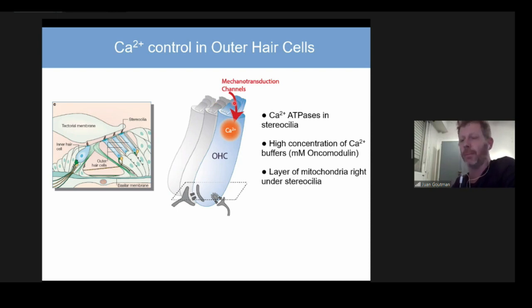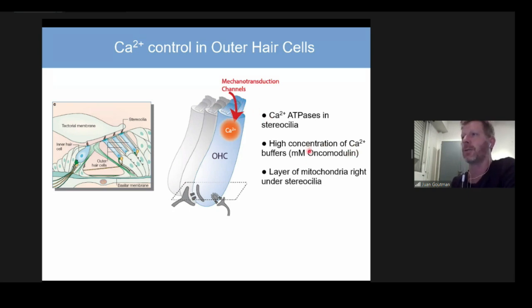both sodium and calcium can go in the cell, but calcium has to be very tightly controlled so the cell can mechanotransduce correctly. And these are some of the properties here on the right that allow the hair cell to control calcium. They have very large amounts of calcium ATPase, proteins in the membranes of these stereocilia.